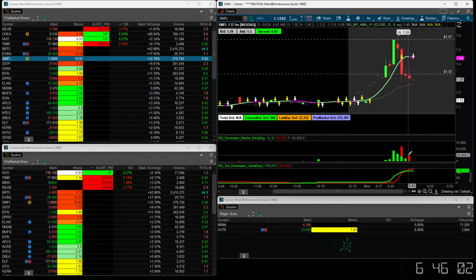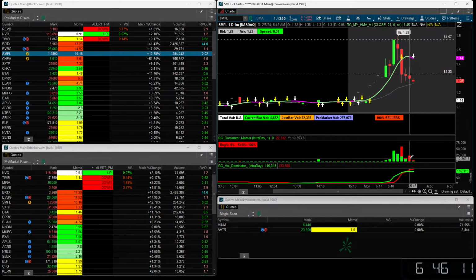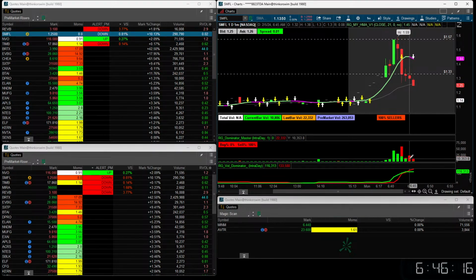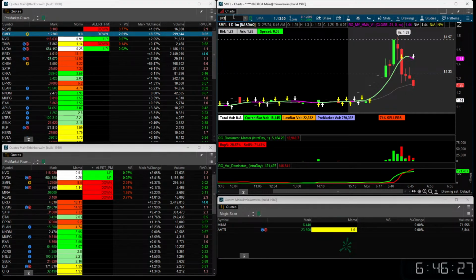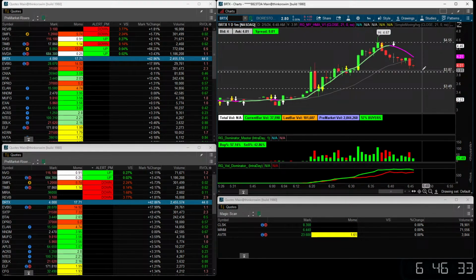We have a red bar. So that one's in the history books. BRTX pulling back. It may pull back to 387.